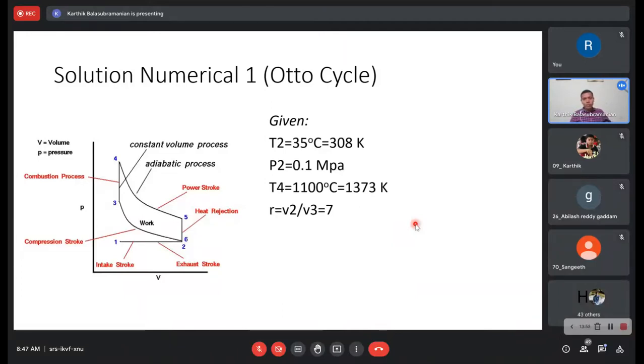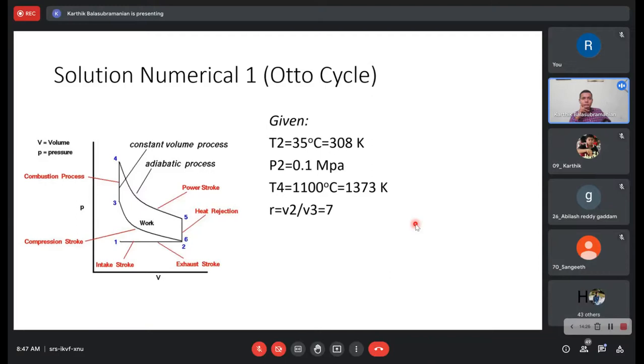So can someone give me some values? So T2 is given, P2 is given.